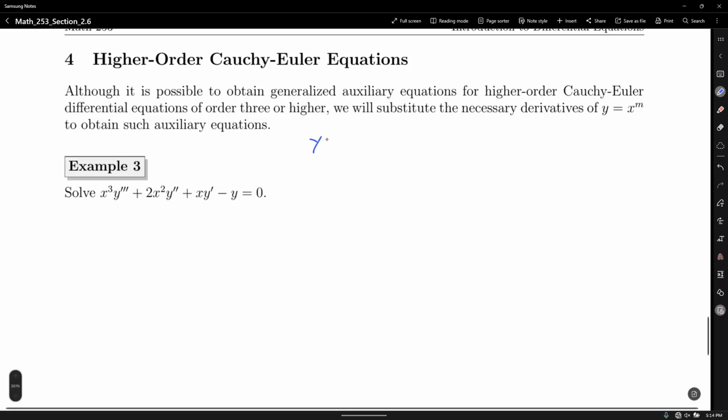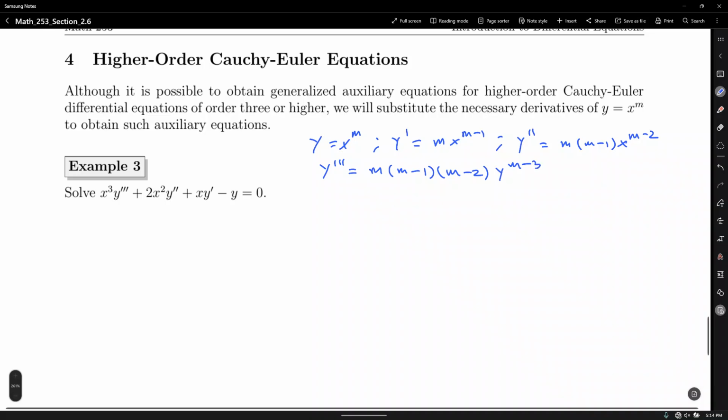Let's recall that we set y equals x to the m. y prime is m x to the m minus 1. How about y double prime: m times m minus 1, x to the m minus 2. And then we would need a third derivative: m times m minus 1, m minus 2, x to the m minus 3.